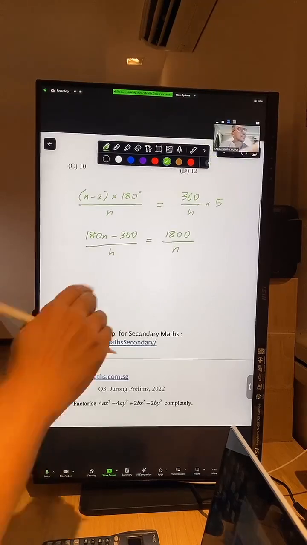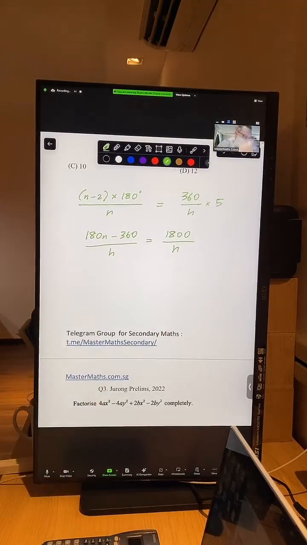Now the left hand side here is divided by n, and this also divided by n. This is an n, not h. This is n, guys. N here referring to the number of sides. So both sides divide by n. Can I remove the n for both? Sure, I can. So I take 180n minus 360 equals 1,800.